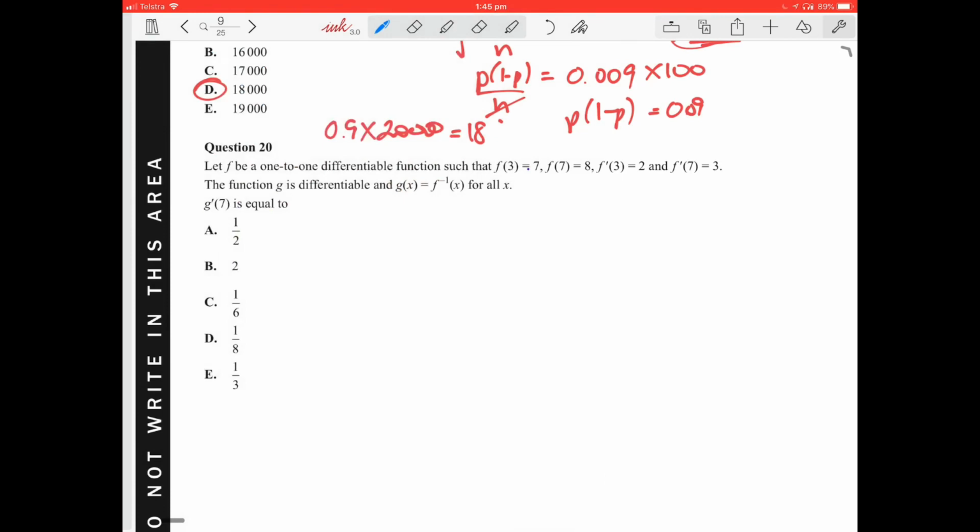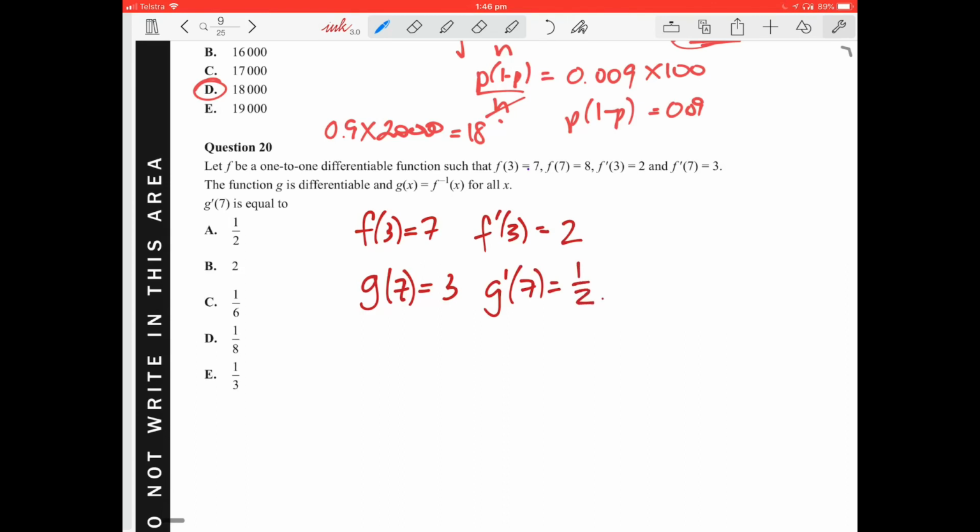Okay, so f of 3 is equal to 7, and we know f dash of 3 is equal to 2. So g of 7 is equal to 3. G dash of 7 is equal to 1/2, which is A. I just had the stupid things around the wrong way. I looked at the wrong things here. So it's definitely a half.